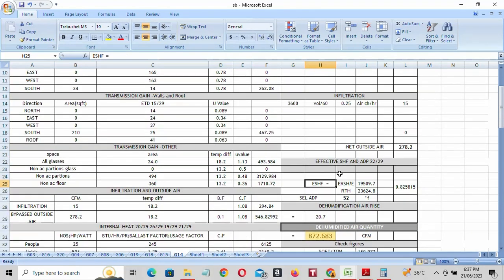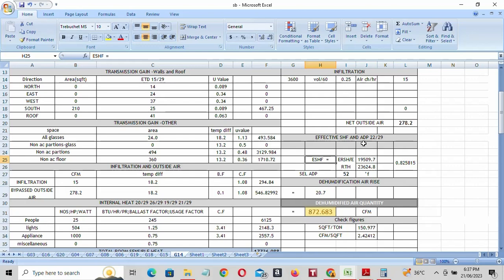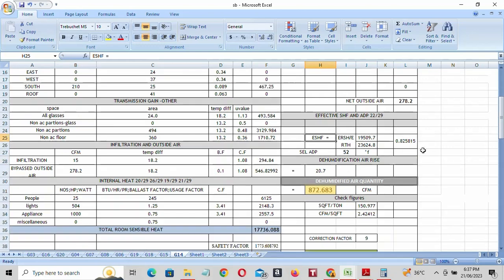Next is effective sensible heat factor and ADP, apparatus dew point. So effective sensible heat factor is equal to effective sensible heat divided by effective total heat. Guys, you need not worry, you will get it automatically from the E20 sheet.